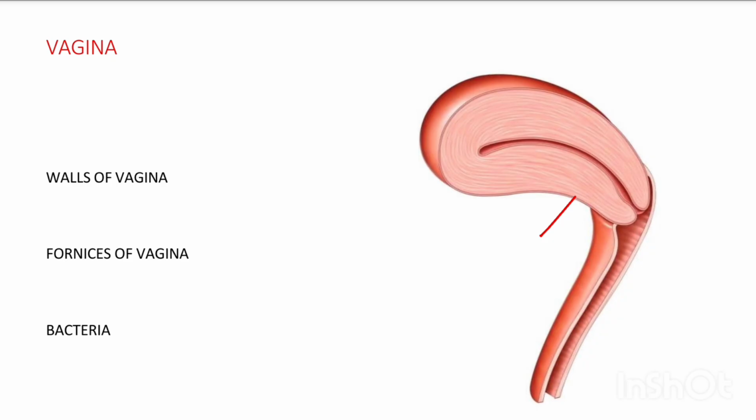This vaginal opening is this, and this is uterus. So it is the connective structure which connects vulva to uterus. It is lined by stratified squamous epithelium.